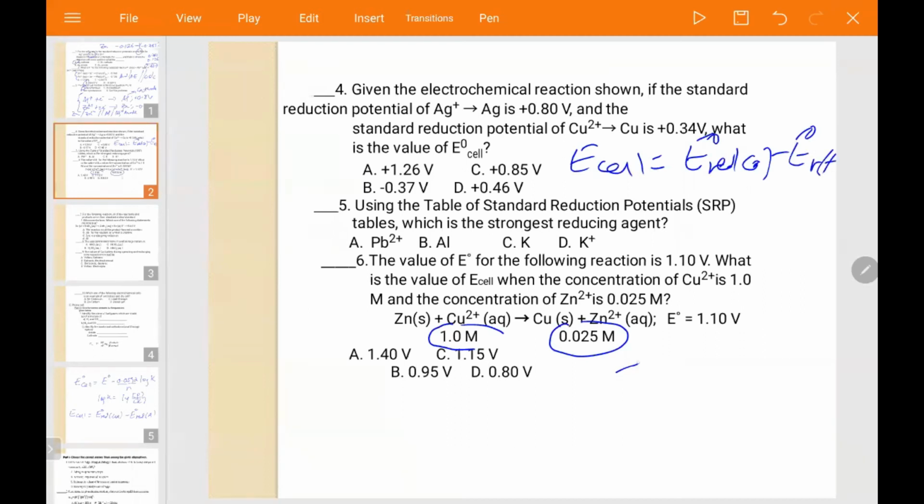The cathode is silver, 0.8 volt, minus 0.34.